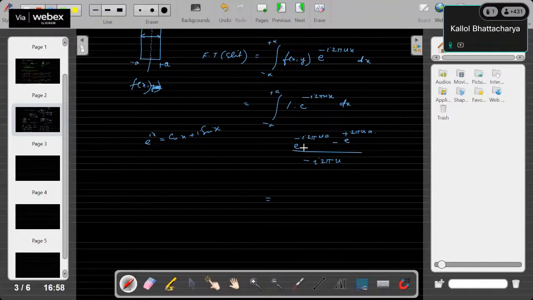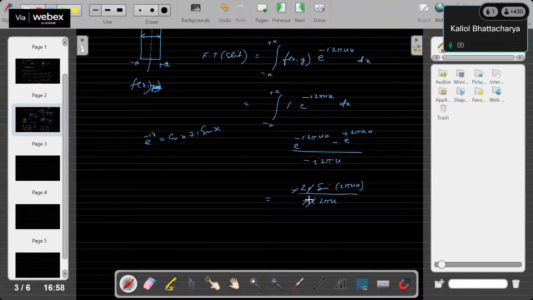So from these two, this would be minus 2i into sine of twice pi u a divided by minus i into twice pi u. So i cancels out, the negative sign cancels out.